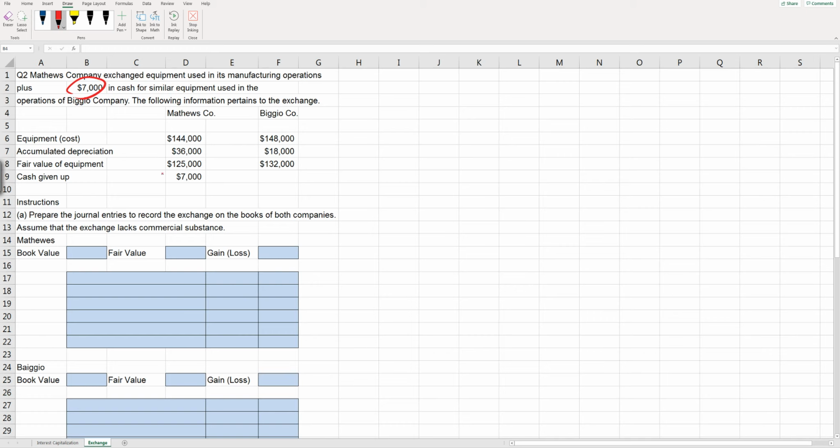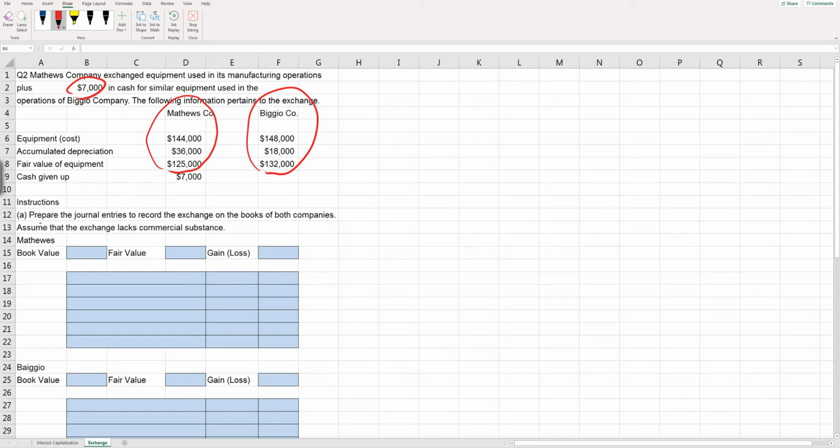So these informations are for our assets, and these information are for the assets of bigger corporations. So we're going to exchange this one for that one.